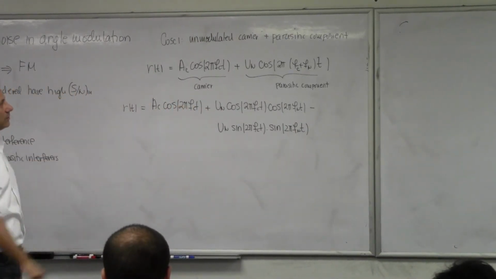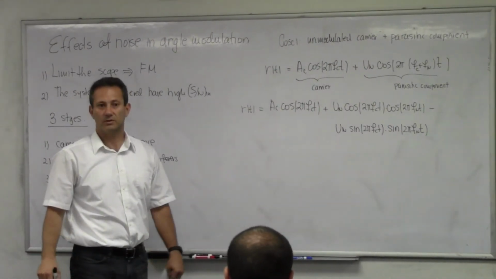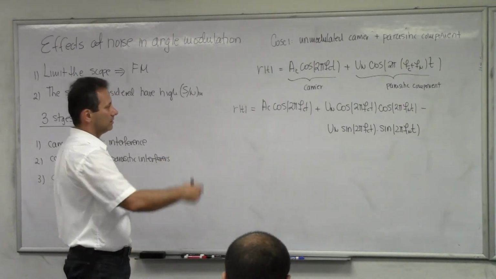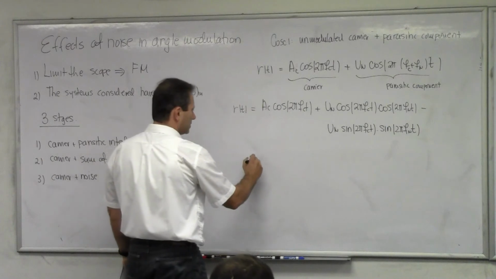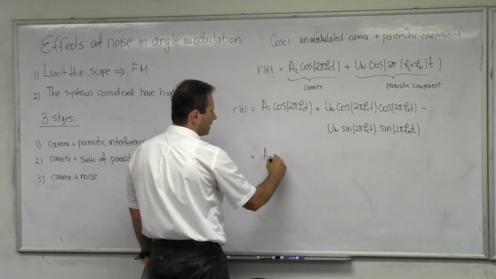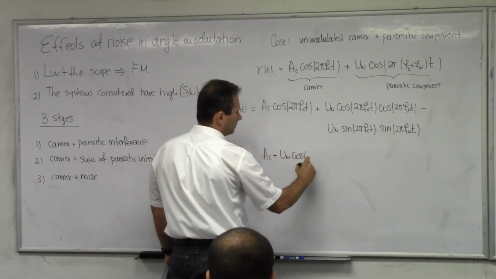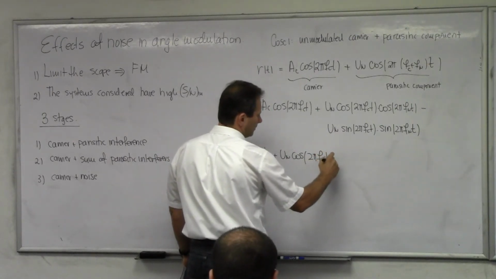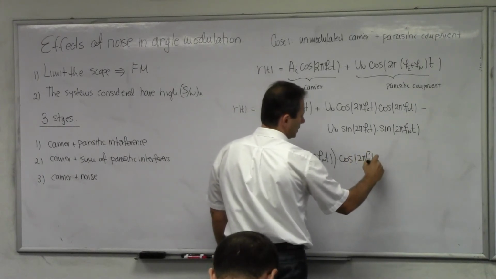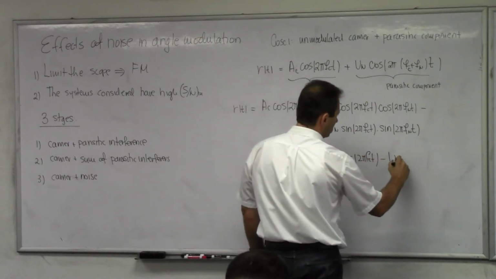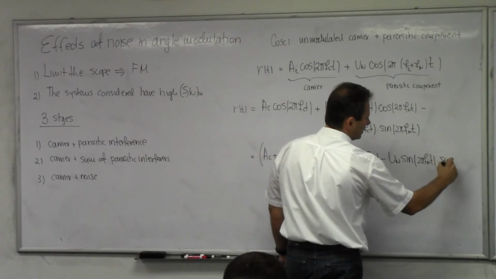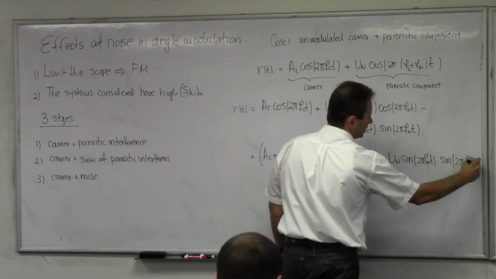I took that cosine to the right-hand side, realized it's a cosine of the sum of two angles, and then applied the cosine alpha plus beta identity. But now I can take this one step further. Look at the terms with cosine: this is A_C plus U_N cosine 2 pi f_N t, and this multiplies cosine 2 pi f_C t. The other one I leave alone: U_N sine 2 pi f_N t times sine 2 pi f_C t.